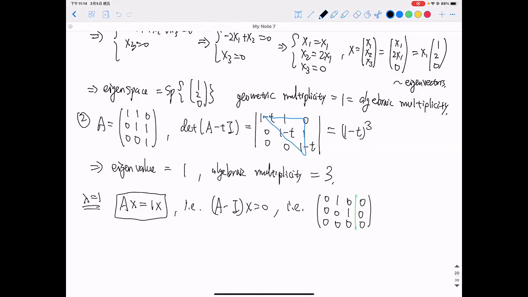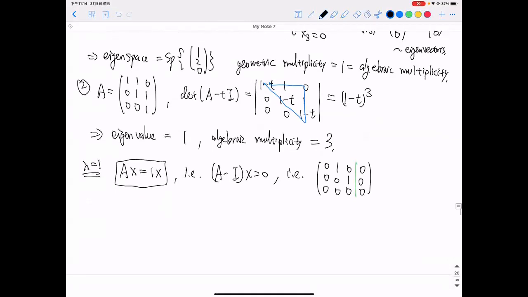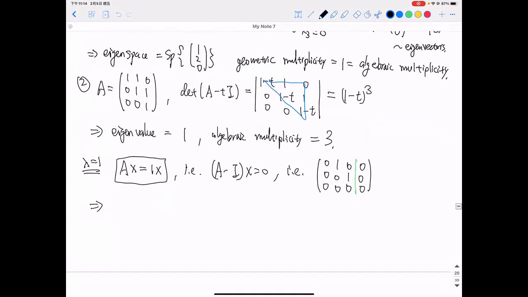Okay, so this is the augmented matrix. But again, you see that you don't really need any work, because the equations are already telling you that x2 is 0, x3 is 0, x1 is still x1.